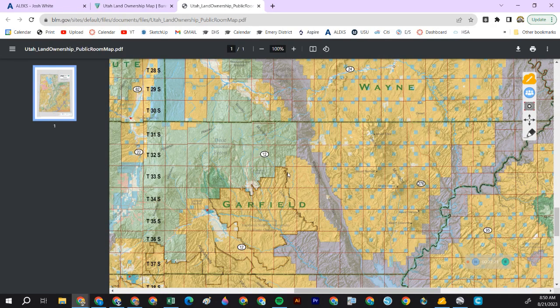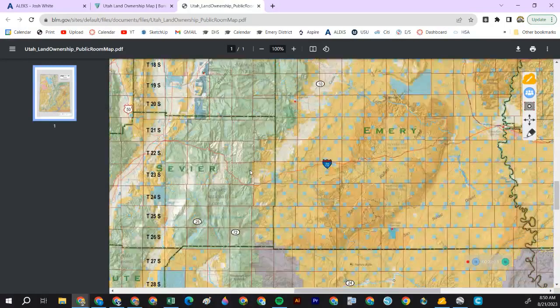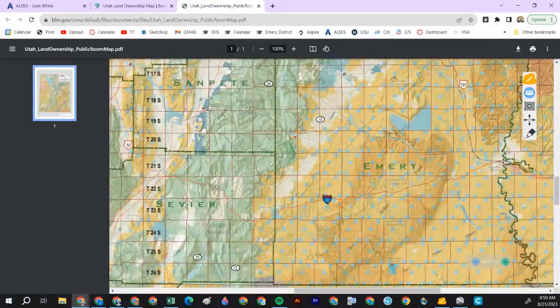So if you look at a map of Emery County, right there. Yep. There's one, and then there's a smaller one. I don't know if you can see it, but there's a little one right there. So it just creates problems trying to draw rectangles and stuff.